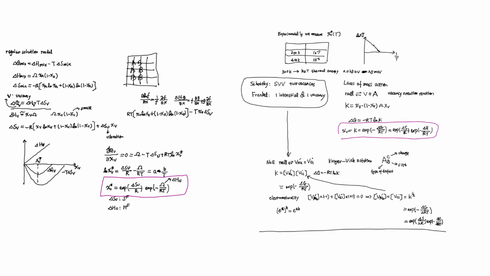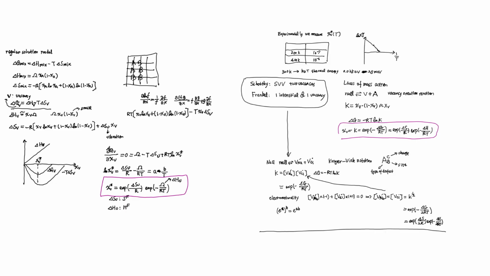And from the law of mass action, we know delta G can be written as minus RT log K. So K is the exponential of minus delta G over RT.